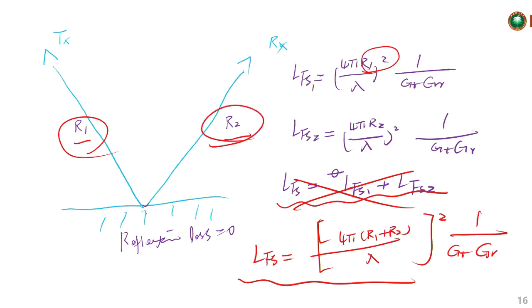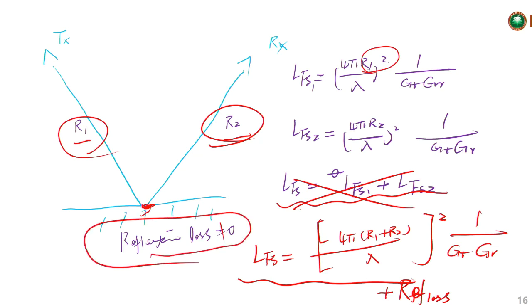If there is a reflection loss here, then you can add the reflection loss here. Add it if it is not 0, but actually here for simplification we set it to be 0.